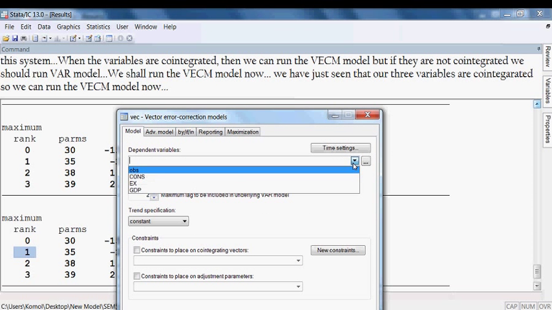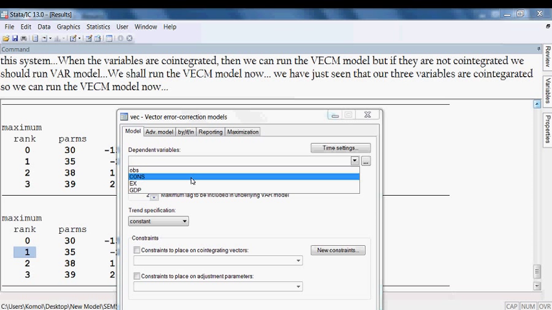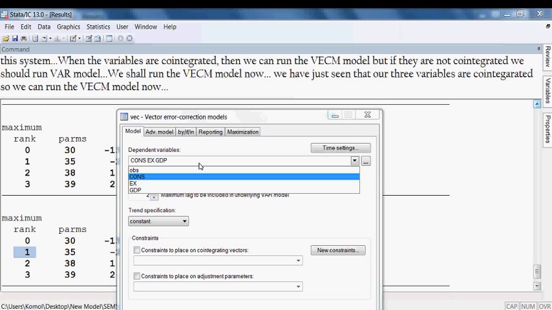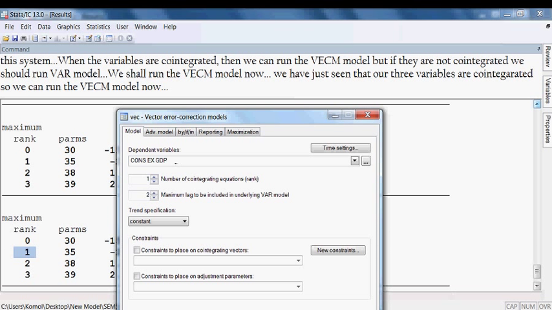Our dependent variable is cons, and EX and GDP are the independent variables. Actually, this model is our target model.